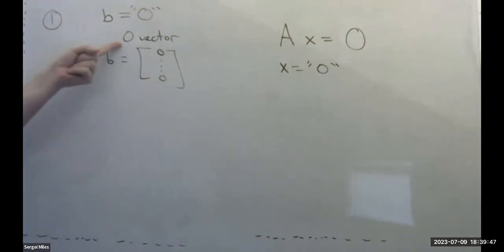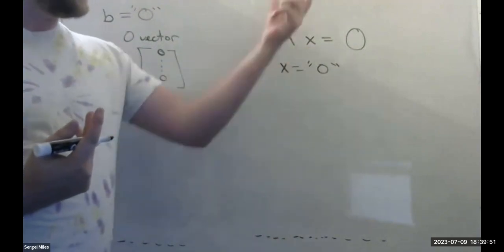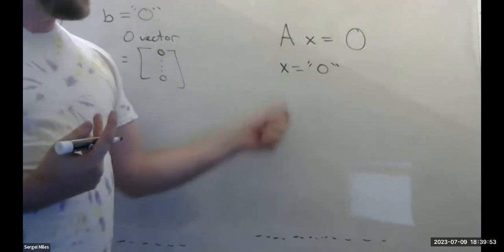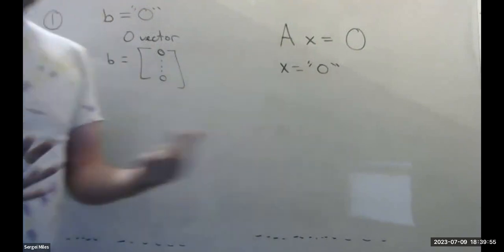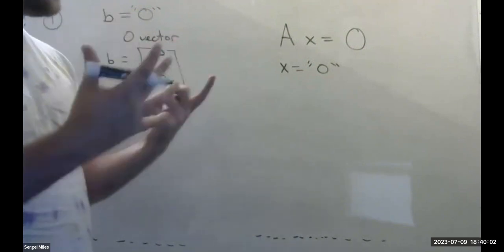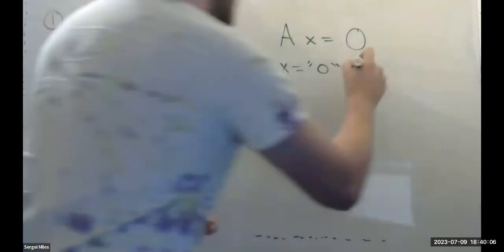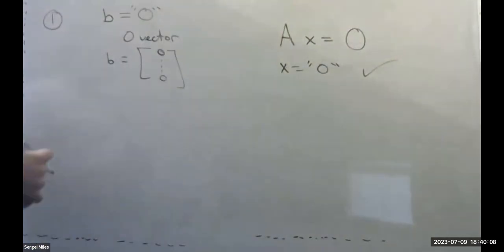Again, x would have to be a 0 vector, because remember, when we do this matrix multiplication, x is a column vector. But if I make x the 0 vector, it would make sense that a matrix times a 0 vector is going to result in 0. Well, in fact, your intuition would be correct. This is a solution, right?